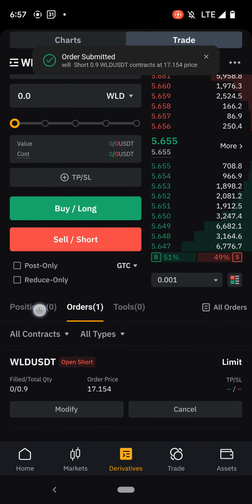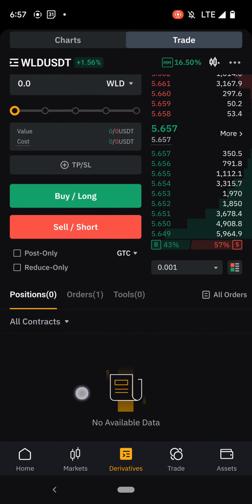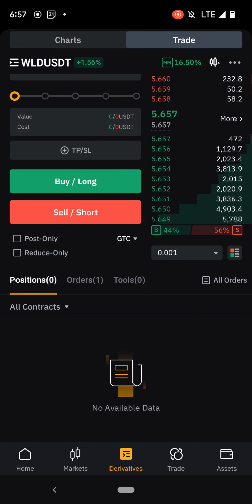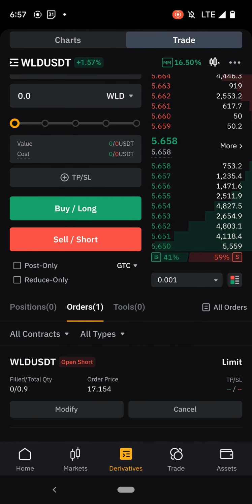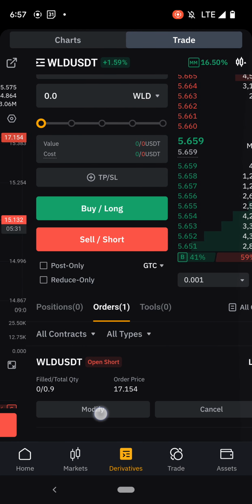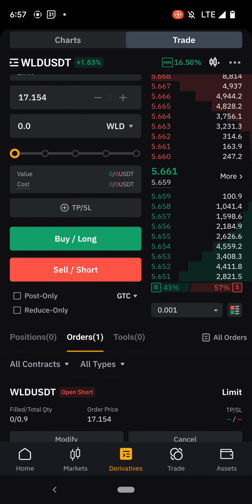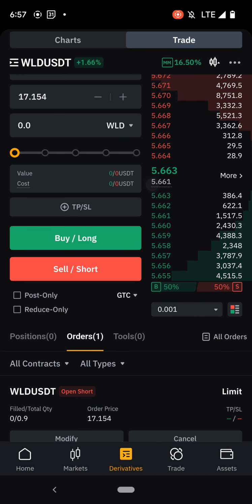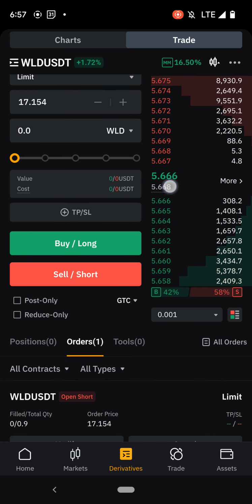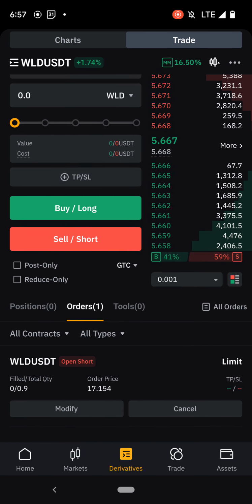Good. They say submitted. You see, it is not running on position like the first trade. It is at open order because you have entered at a particular price. Look at the current price of WLD. WLD is at 5.666 something. But you are entering at 17.